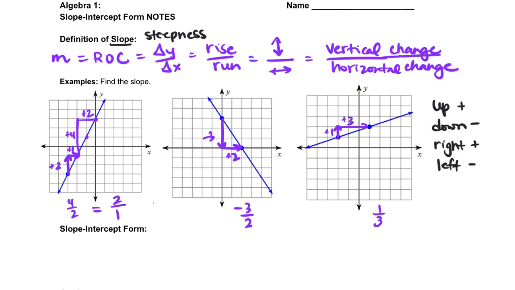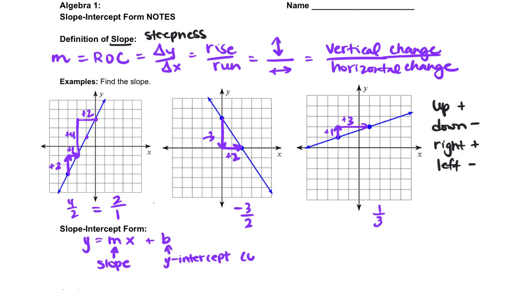So we use this when we're talking about slope-intercept form, and you have probably seen this before. We usually see this as y equals mx plus b, where m is the slope and b is the y-intercept.